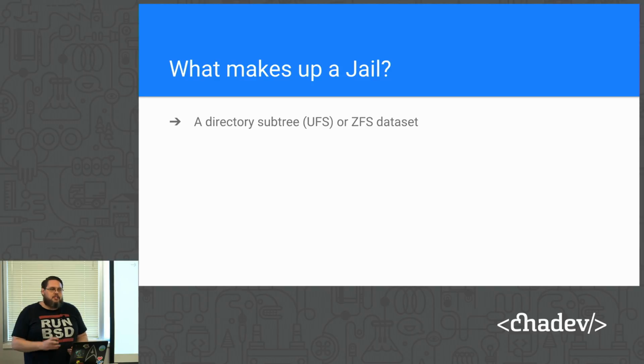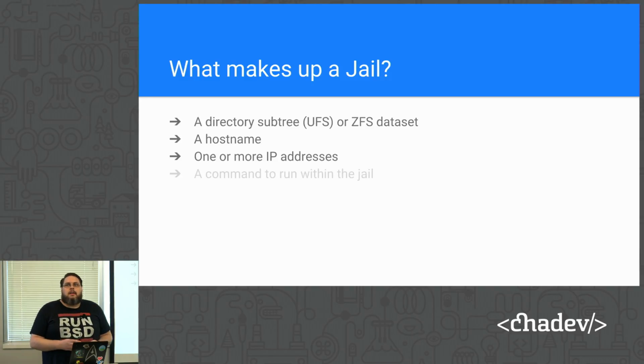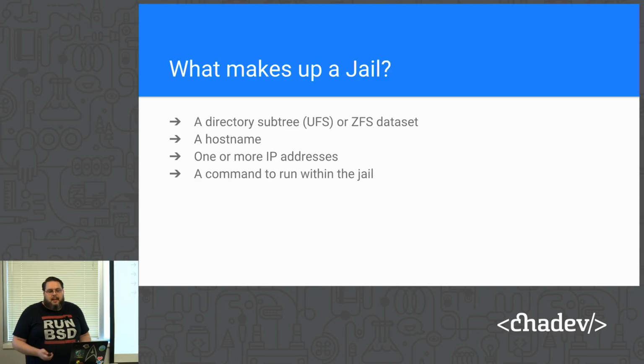So things that make up jails, there are 4 key components. There's a directory subtree if you're using the Unix File System 2, or a ZFS dataset for the file system. Each jail has to have a unique host name. They'll have one or more IP addresses that can be routable or non-routable, and a command to run within it.